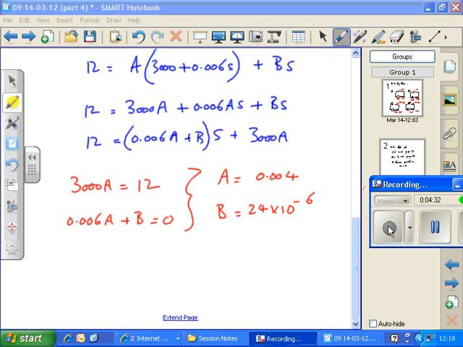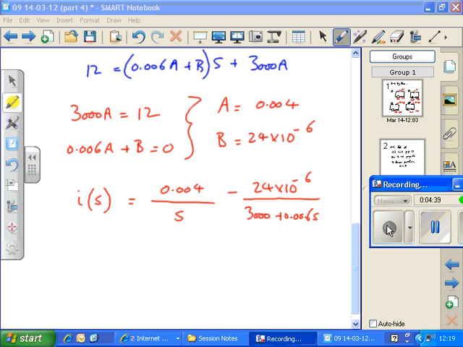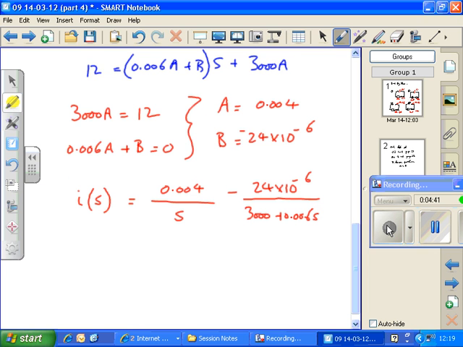Now we plug these values back in, and we've got our 2 terms that we can transform back. Of course, I should have had that B equals minus 24 times 10 to the minus 6. And putting them back in, we get that IS equals 0.004 over S minus 24 times 10 to the minus 6 over 3000 plus 0.006 S.